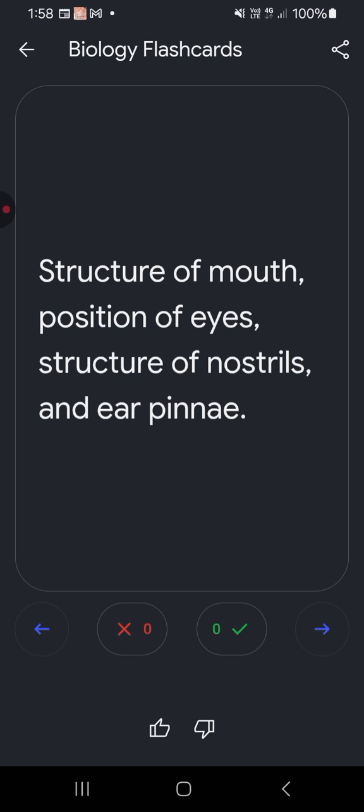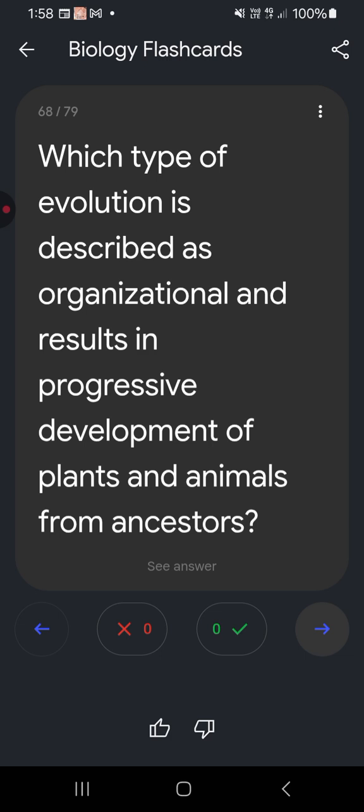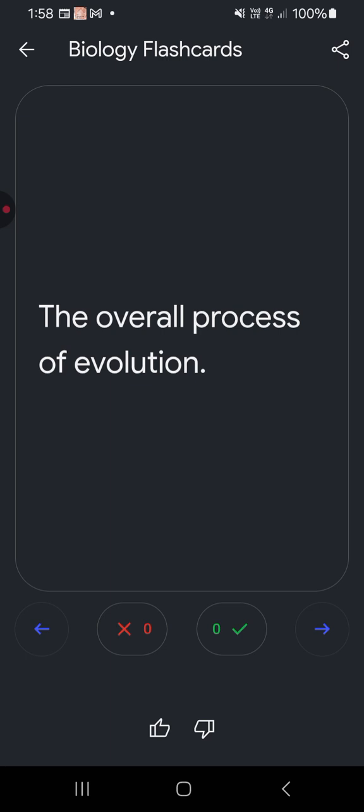Structure of mouth, position of eyes, structure of nostrils and ear pinna. What type of evolution is described as organizational and results in progressive development of plants and animals from ancestors? The overall process of evolution.